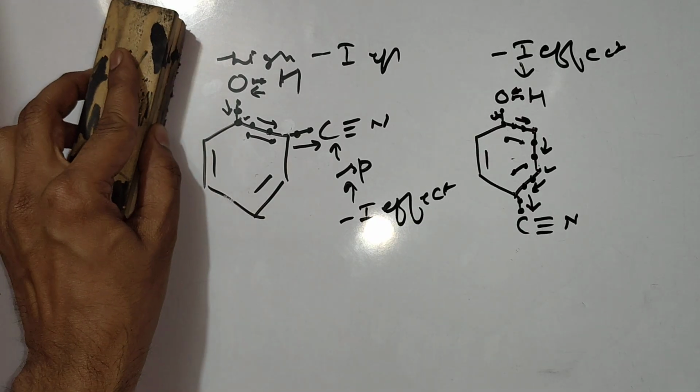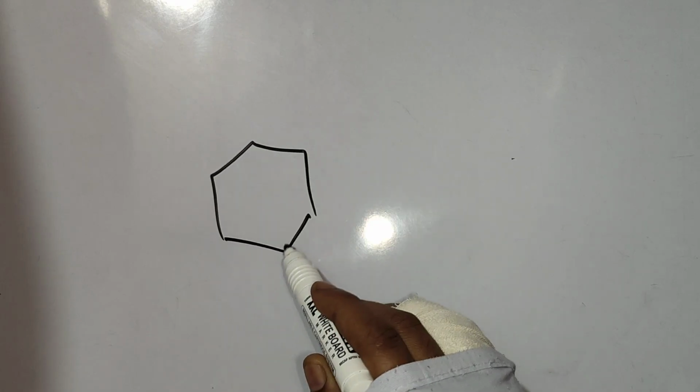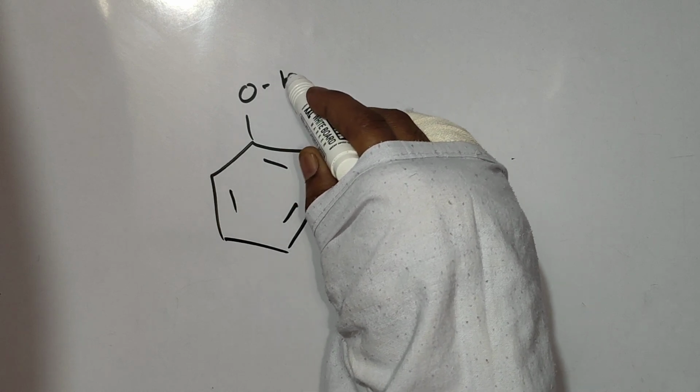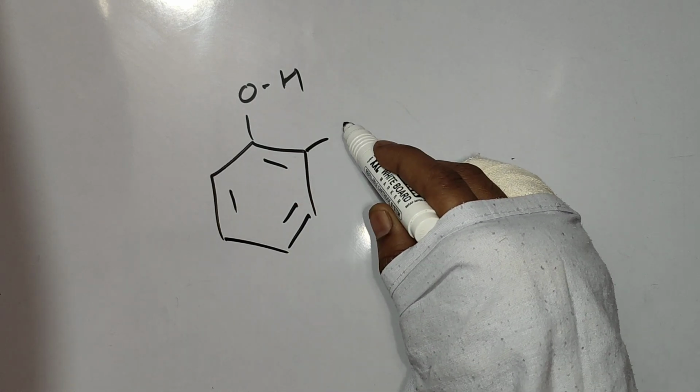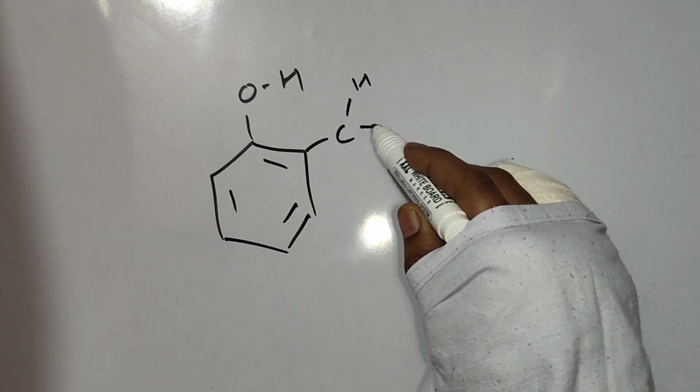Similarly, let's take an example of plus I effect by a substituent. This is phenol. Suppose I am joining a CH3 group, methyl group, here.